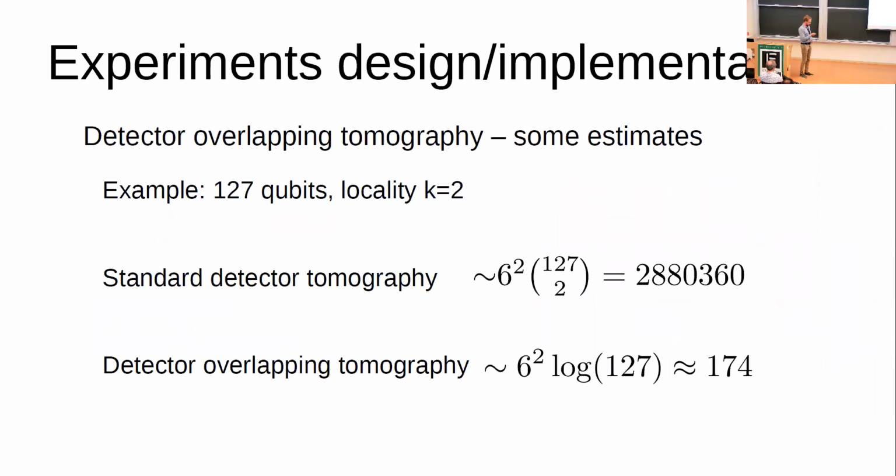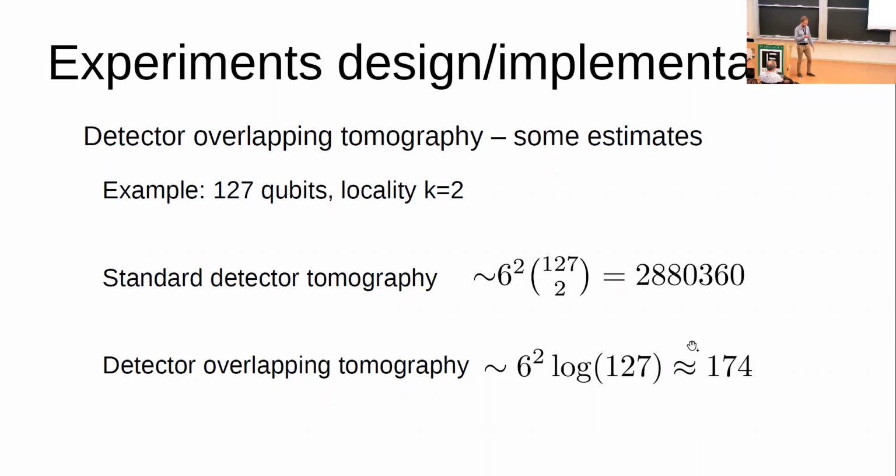And just to give you an idea of why I need to do this in this parallel, overlapping way: say I have a device that contains 127 qubits and the locality that I'm interested in is 2. If I did it naively, I would need on the order of hundreds of thousands of experiments. If I do it in parallel, I need just hundreds of circuits.